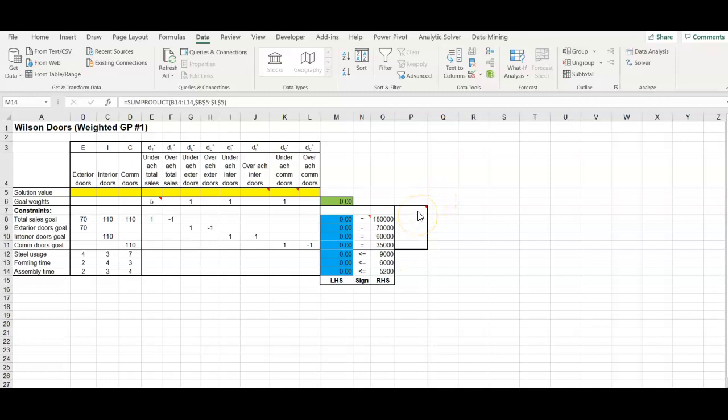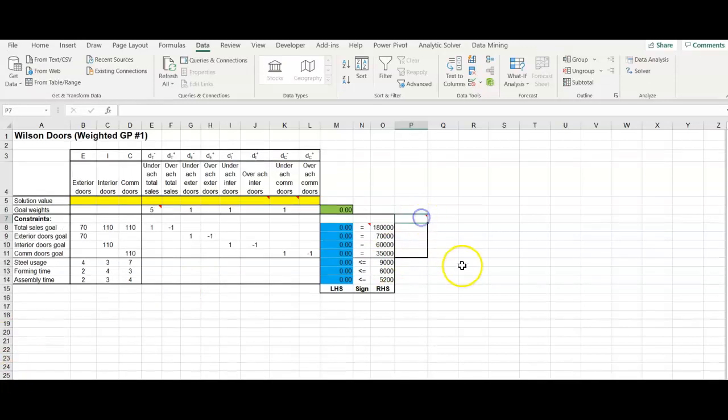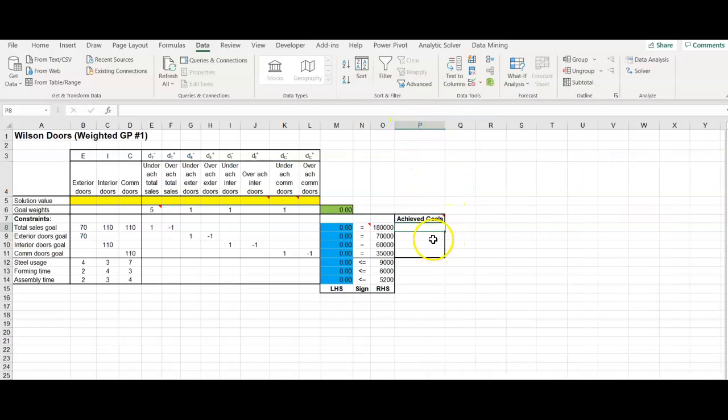So to do that, I'm going to add some additional formulas in column P, just so that once I get the solution, I can also see which of the goals I am achieving and which ones I am underachieving or overachieving. Just keep in mind that this additional step is not necessary for the solution. This is just a good to have.